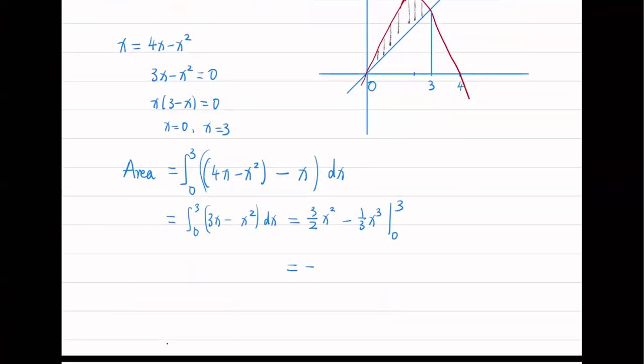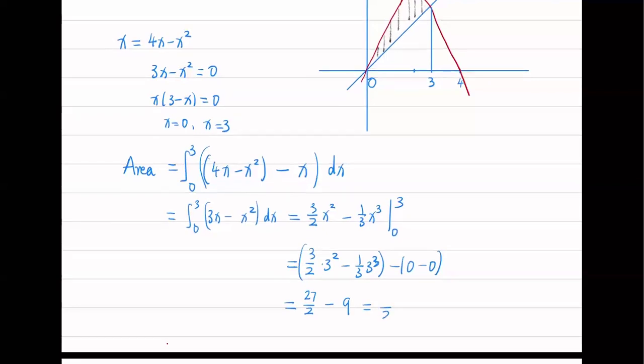At 3 it's the third power. At 0, they're all 0. It's just 27 minus 9, so the result is 9 over 2.